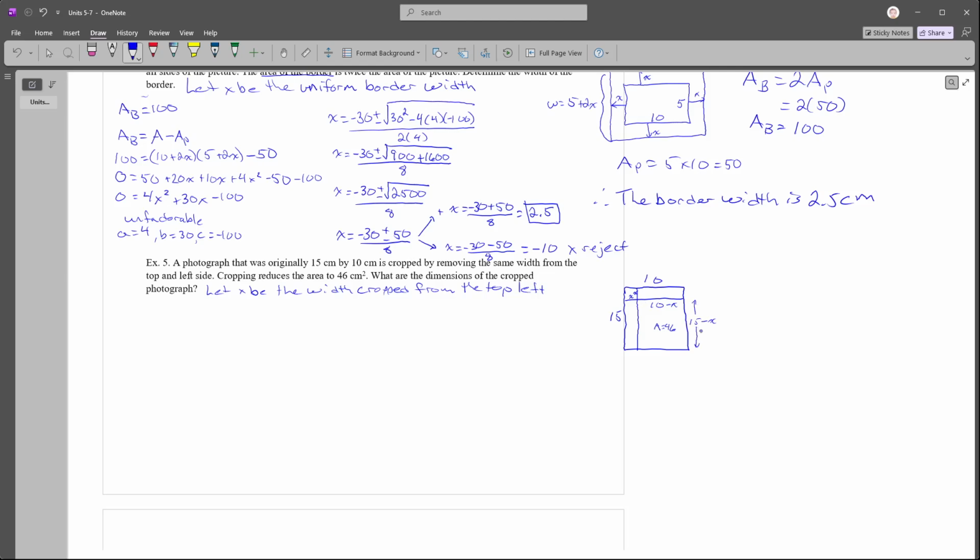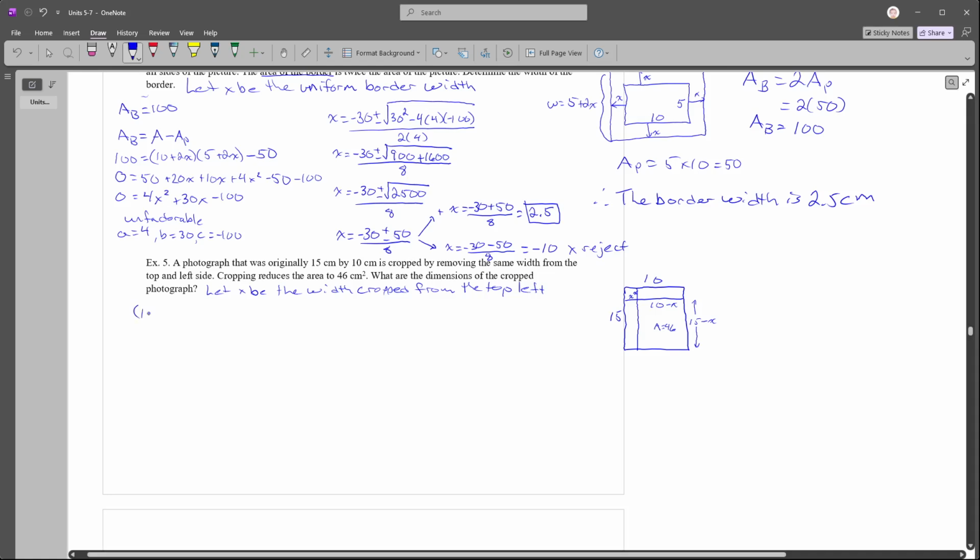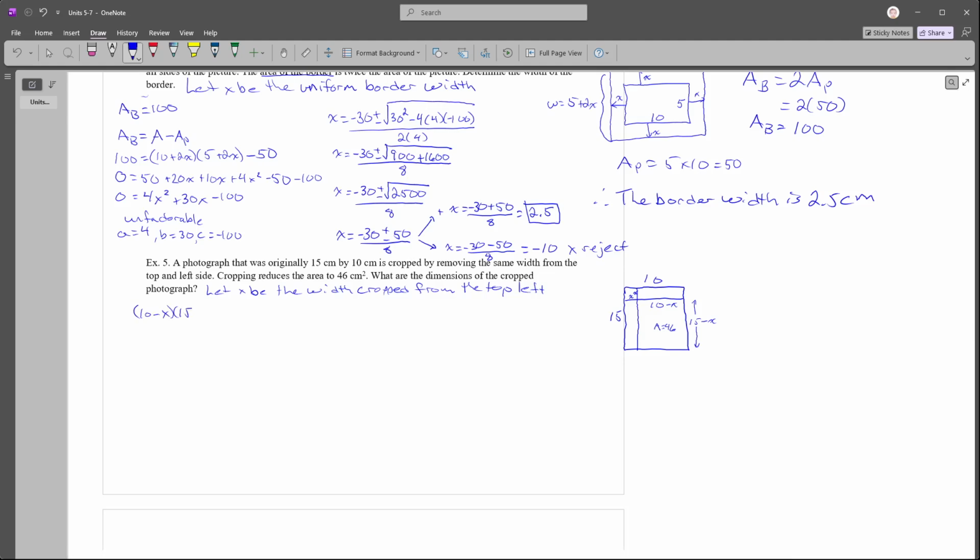Okay, so we have our new width and we have our new height, and that actually tells us what our new area is too. Oh, that sounds like we got quite a bit of information, pretty much everything we need. So let's put that into an equation and see what we get. So we know that 10 minus x multiplied by 15 minus x is going to give us a new area of 46.